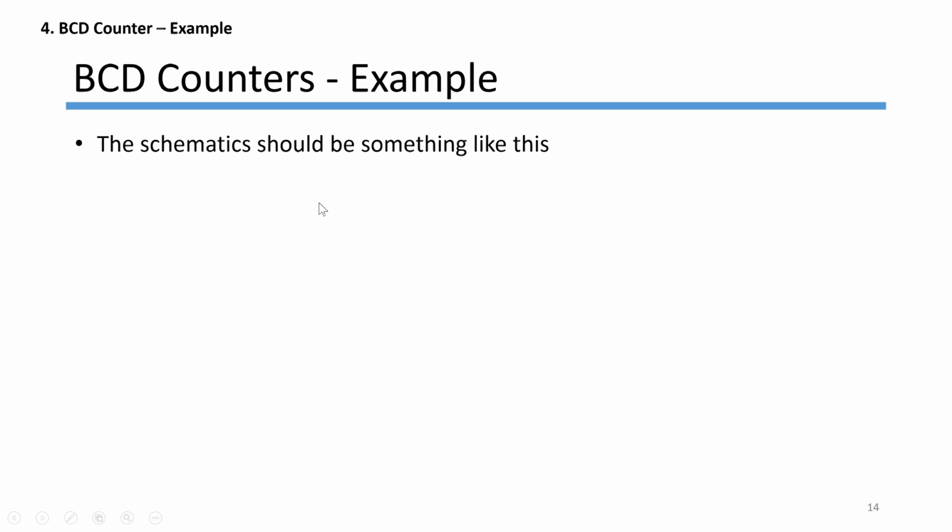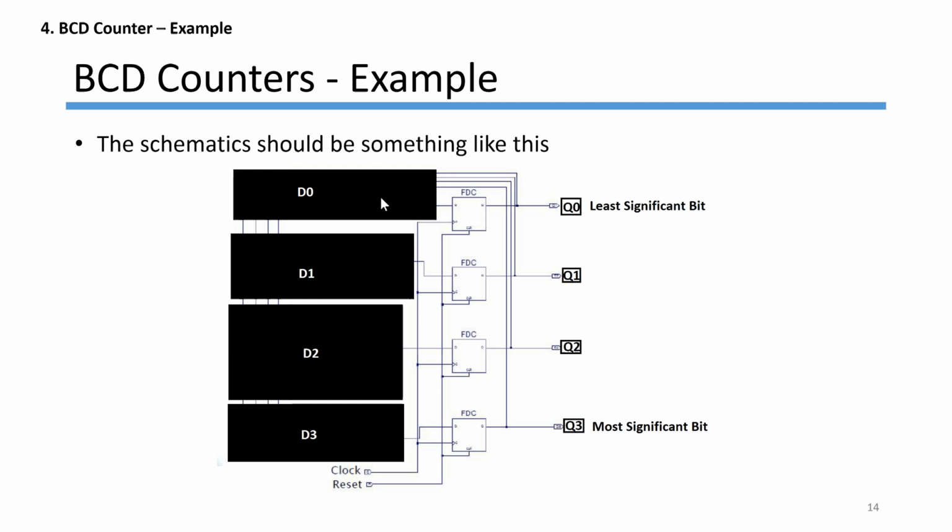To give you some guidance, in your BCD counters, the schematics should look something like this. Notice you have 4 D-type flip-flops. You have your clock input, which are all connected in parallel to the same clock source. That's different to a ripple counter where your input is based on the previous flip-flop's output. The clock is connected to all 4 flip-flops, and the reset's the same.